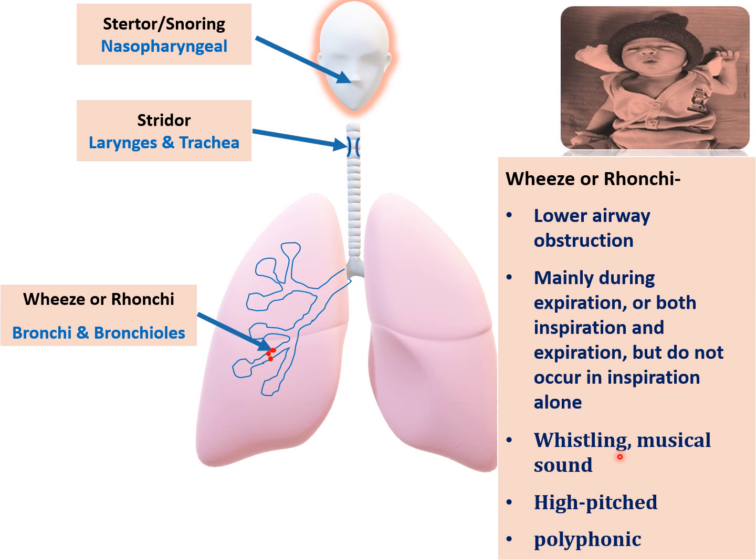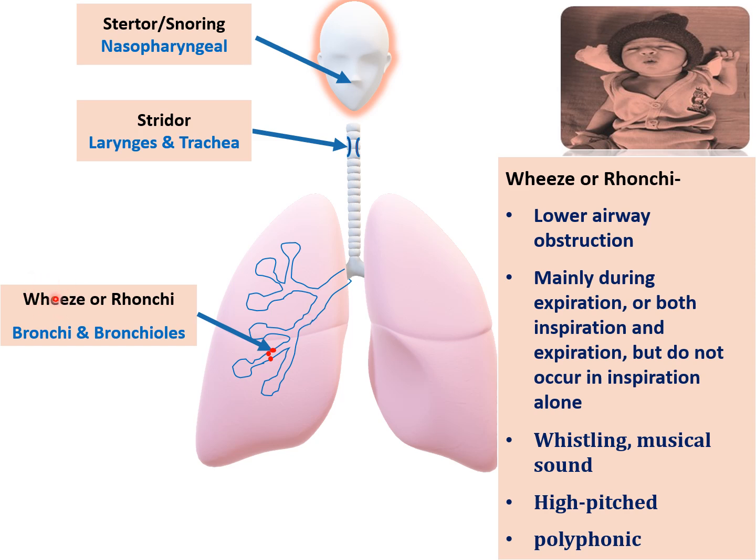The quality is like a whistling, musical, high-pitched, polyphonic sound. The basic difference between wheeze and rhonchi is the difference of pitch and the site of production. Both are because of airflow through the narrow airway. Whenever the airway is narrow, this sound will be produced.